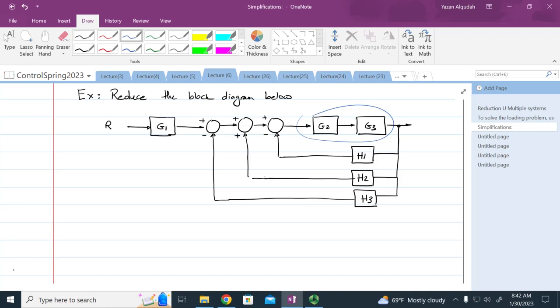Excellent. We can combine all these together. And then what do we get when we do that? When we combine these, what is the form going to look like? The feedback form. Okay, so let's do that.